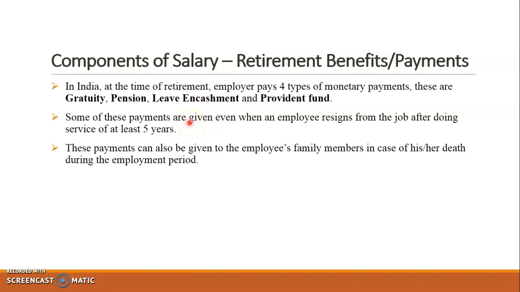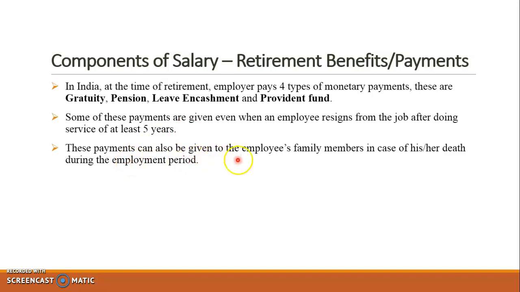These payments are to be given even when the employee doesn't retire but resigns from the job after doing service of at least 5 years. Because in gratuity and leave encashment, there are certain provisions in which the employee, if he has done service of 5 years or more, is entitled to such benefits.